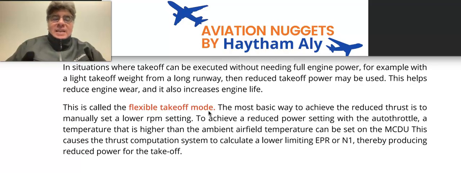In that case, the engine will calculate a maximum RPM, EBR or N1 mode less than the normal. A lower limiting EBR and N1 will come.